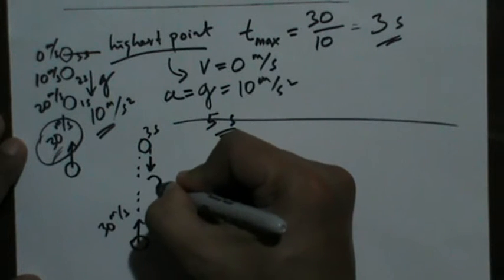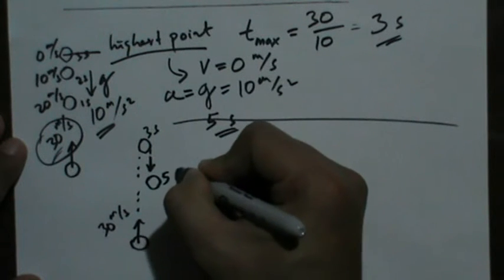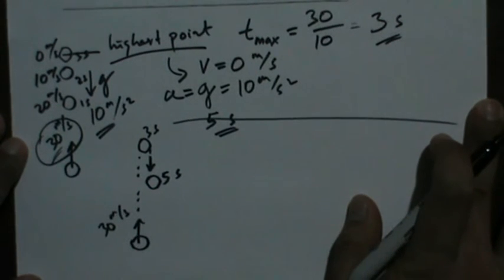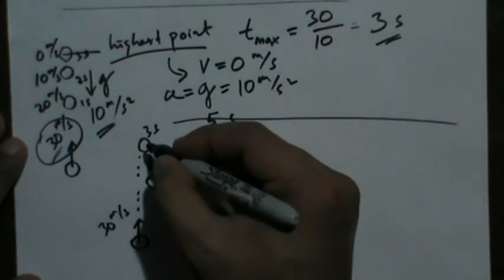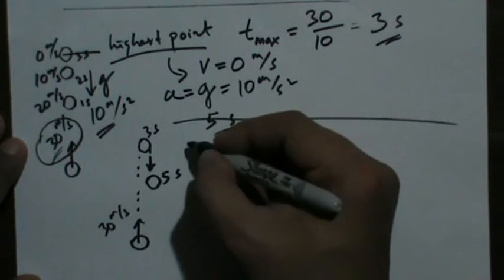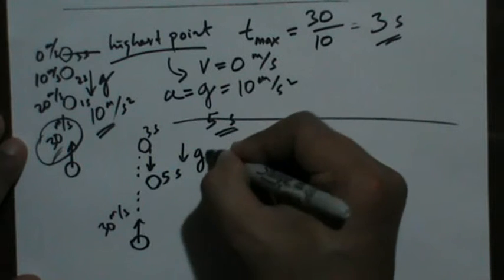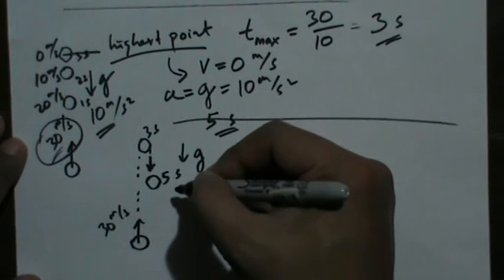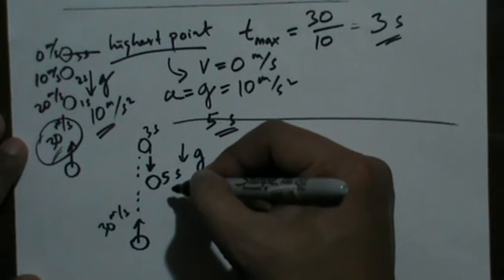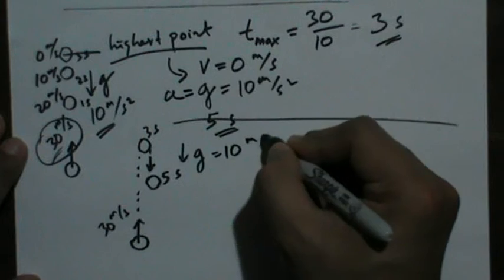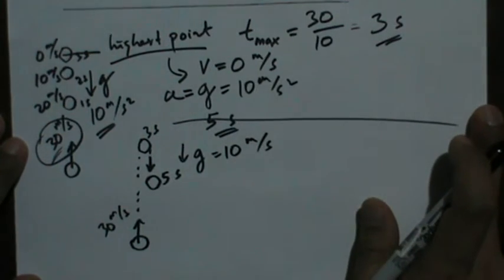So for example here is 5 seconds, and you know that the downward motion is still under the gravitational acceleration, so it accelerates the motion by 10 meters per second each second.